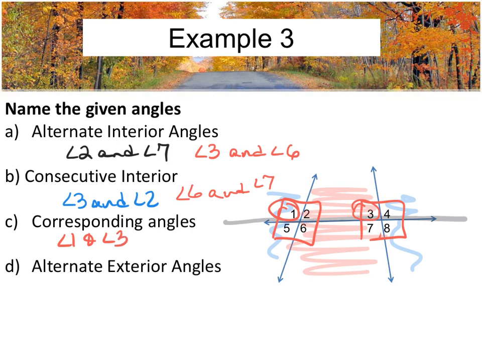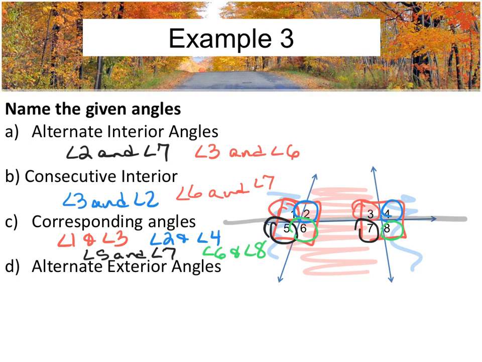And then I could say 2 and 4. And then 5 and 7. And then lastly, 6 and 8. These are all pairs of corresponding.